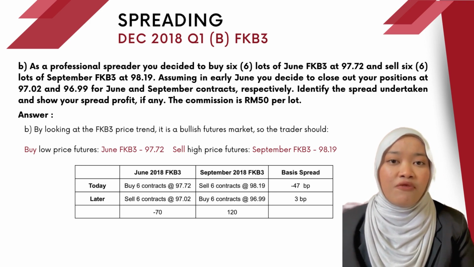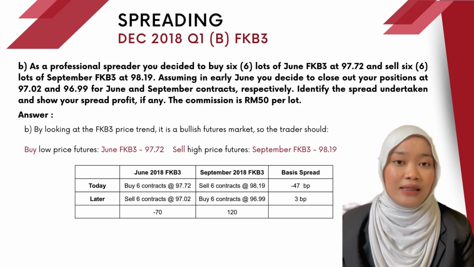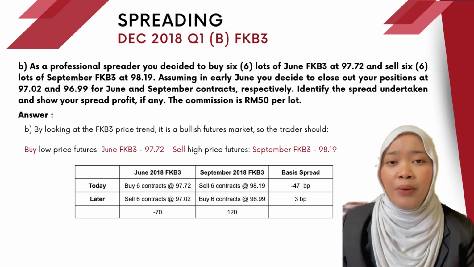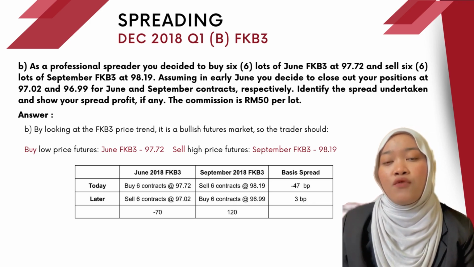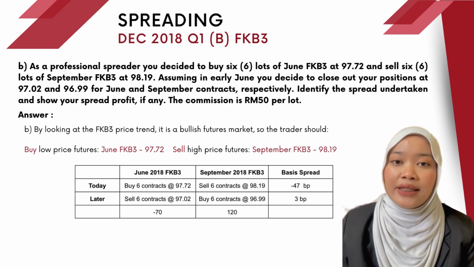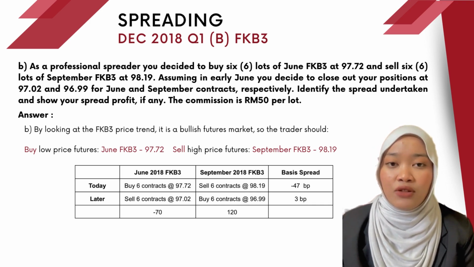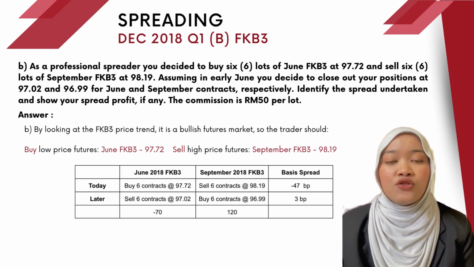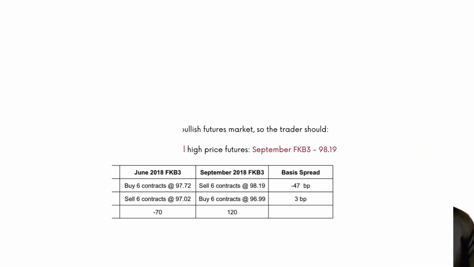Next, to identify the spread undertaken, we will construct the spread strategy table as shown. We are calculating the basis spread by subtracting the June 2018 FKB3 from the September 2018 FKB3. The basis spreads were found to be negative 47 basis points and 3 basis points for June and September respectively.